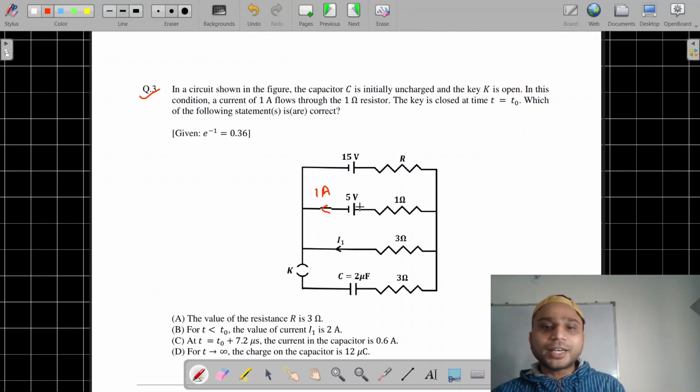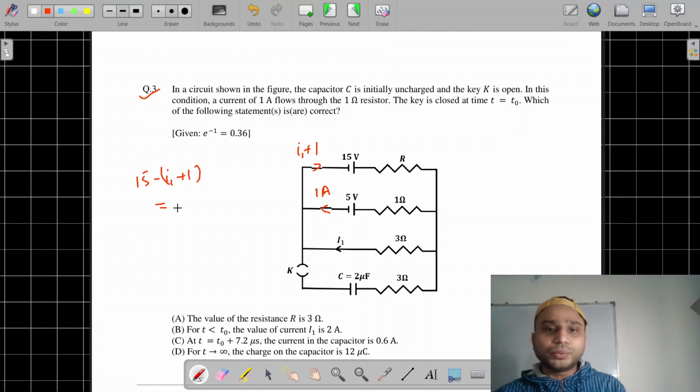Now we have evaluated that the current flowing through this branch is 1 ampere. This current is I1, so the current which will flow here would be I1 plus 1. So we have 15 minus R times (I1 plus 1).